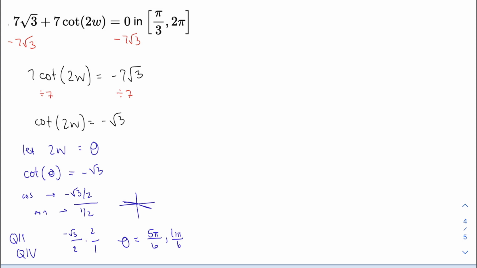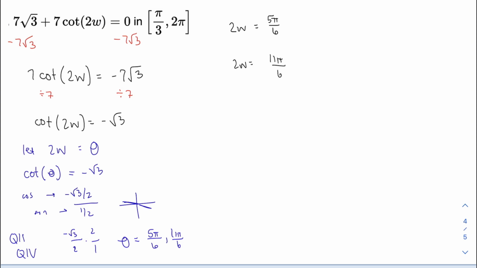So I need to substitute back in and change out the theta for a 2w. So 2w equals 5 pi over 6 and 2w equals 11 pi over 6. Now notice I didn't write the 2 pi k here because I have a restriction. So I don't know how many solutions exactly I'm going to have yet.